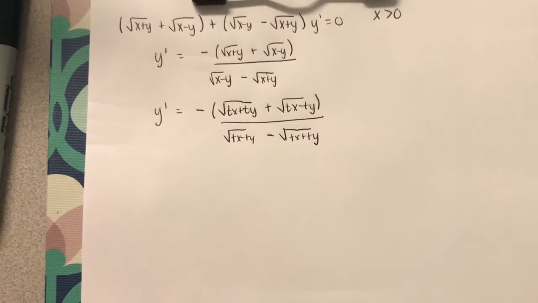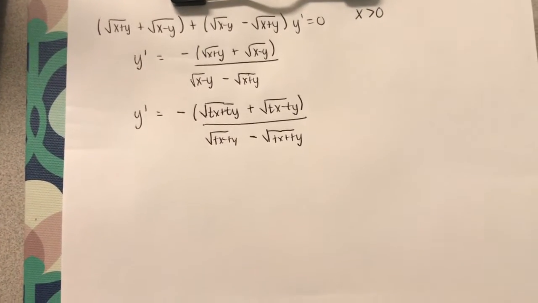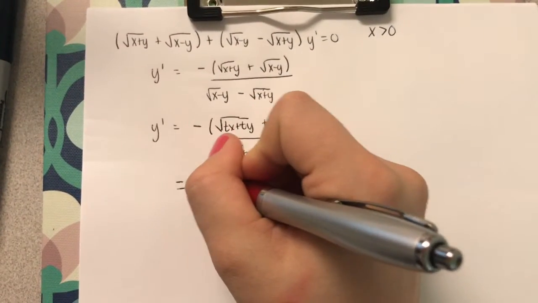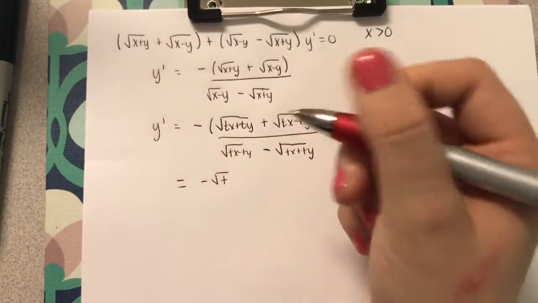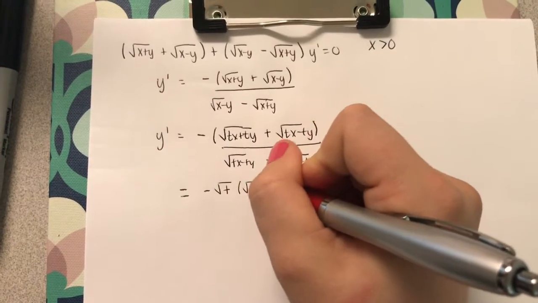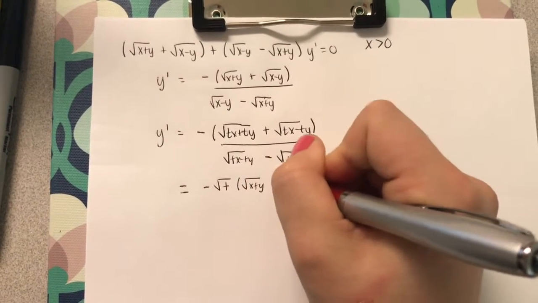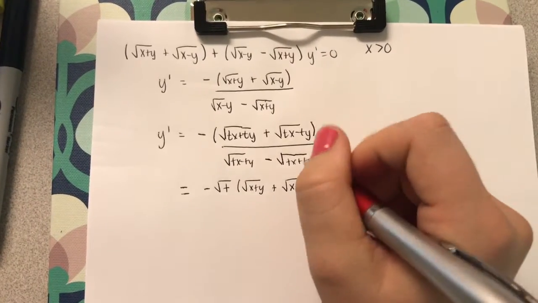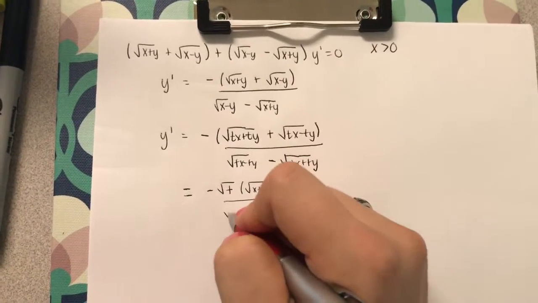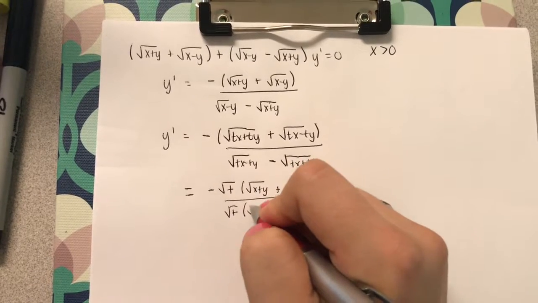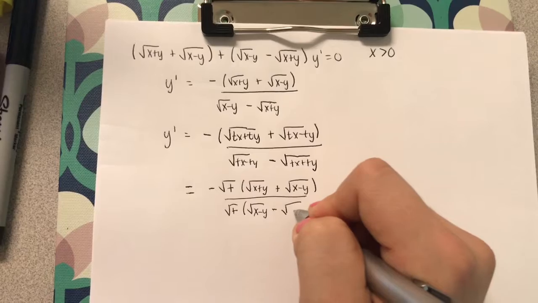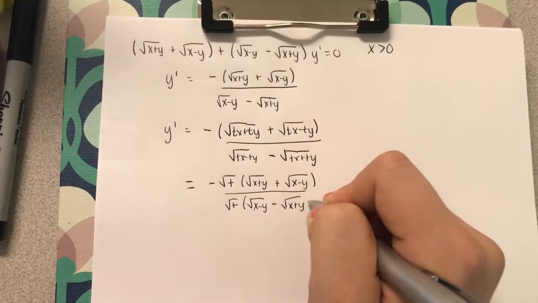Now from here, I see that I can factor out a root t from each of the terms. So I have negative root t times the square root of x plus y plus the square root of x minus y, over the square root of t times the square root of x minus y minus the square root of x plus y.